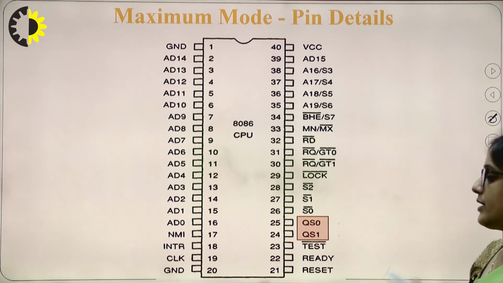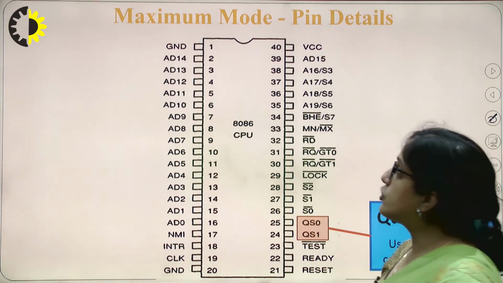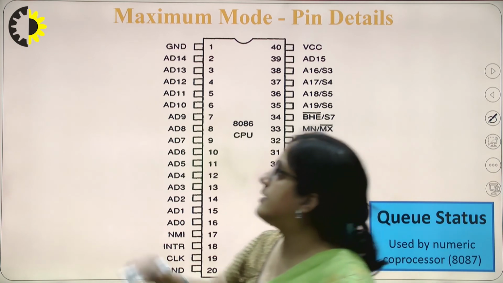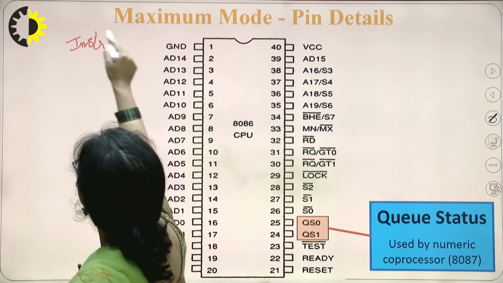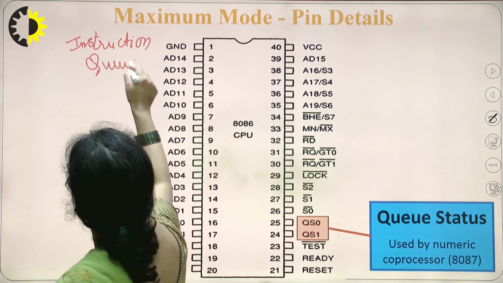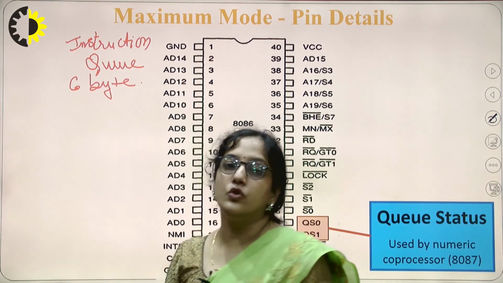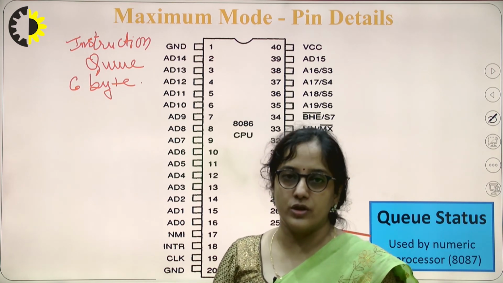QS0 and QS1, the queue status. In the 8086 architecture, there is an instruction queue, which is 6 by 8. This instruction queue is used to store the prefetched opcodes or instructions.